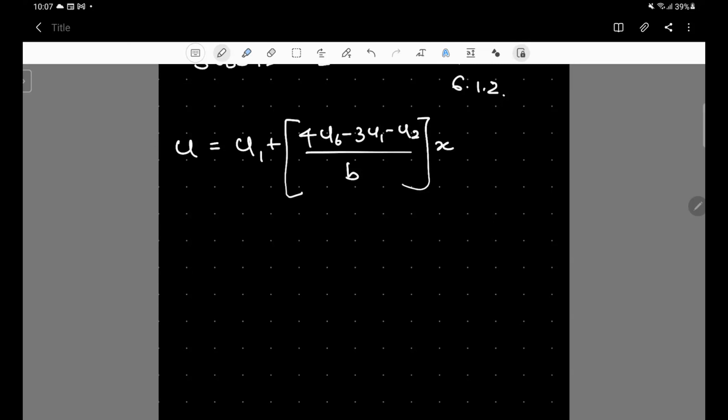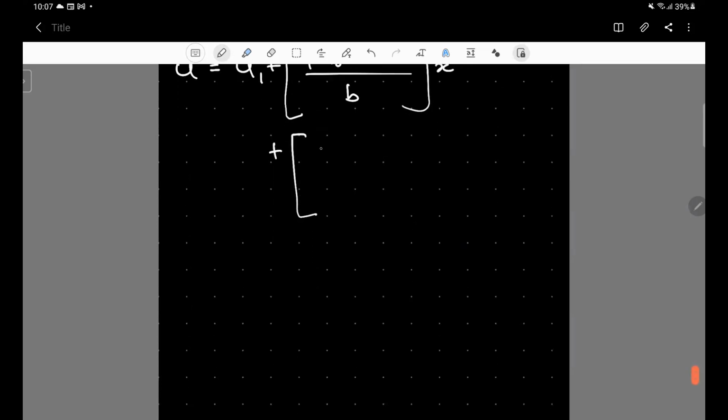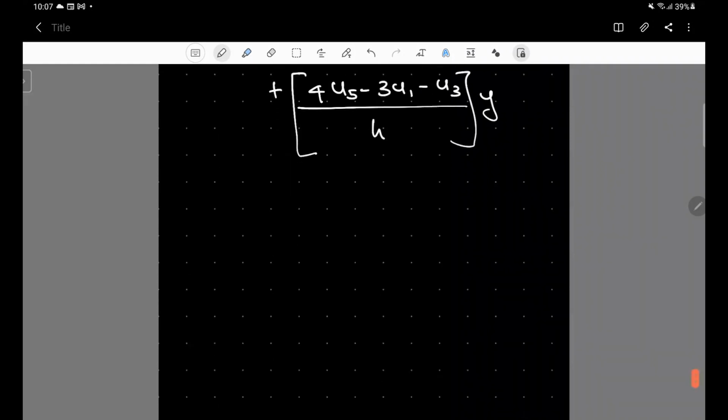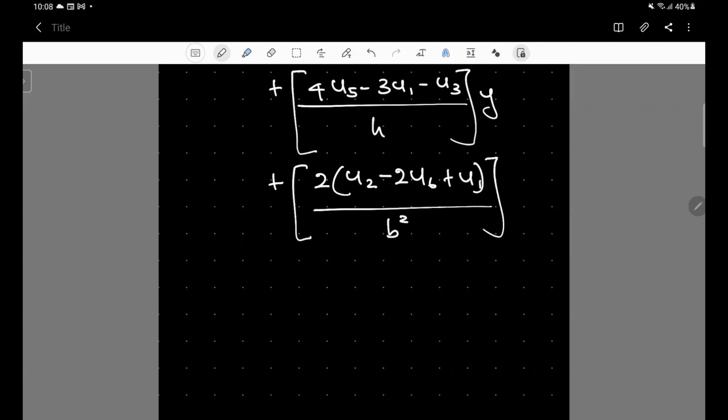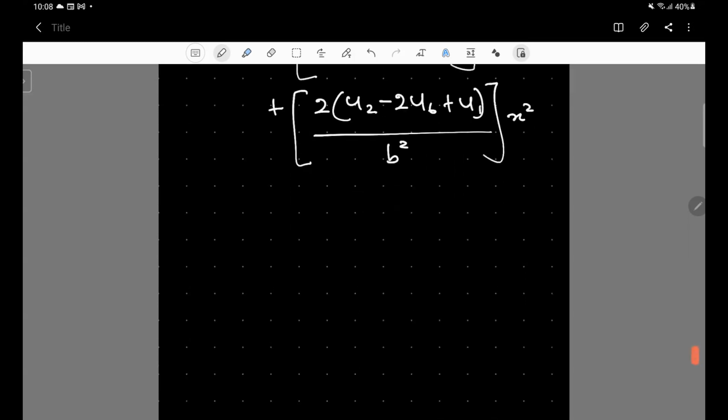You can try it on your own, and if I made a mistake, just let me know. u5, 3u1. I'm writing this down because I already skipped the previous step, so that you can verify whether you have done the math correctly and end up with the correct answer. You can verify your results by comparing with this set of equations. All right.